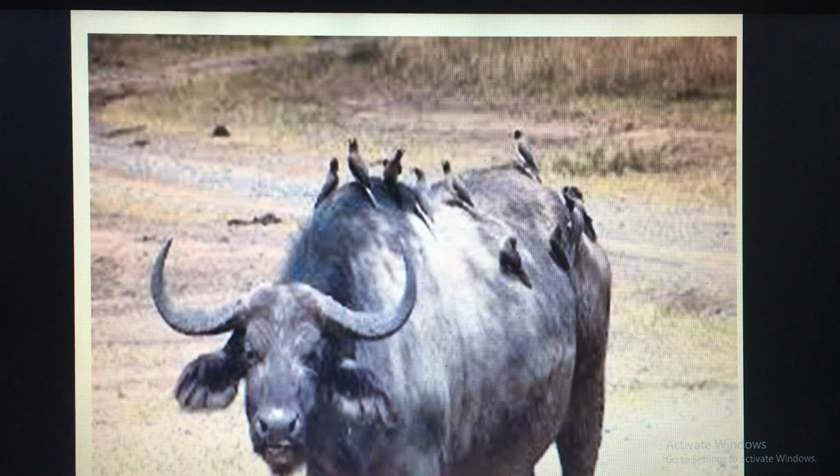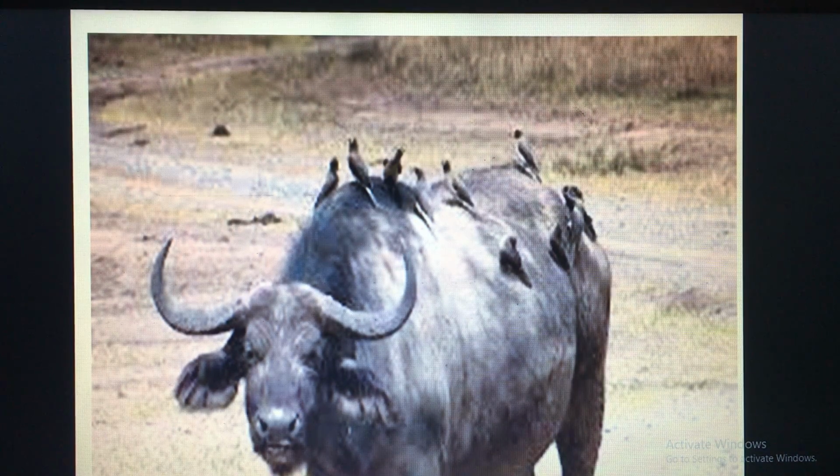They are eating tiny ants and insects present on the skin of the buffalo. So the buffalo is also benefited because somebody is cleaning its body. So both crow and buffalo are benefited.